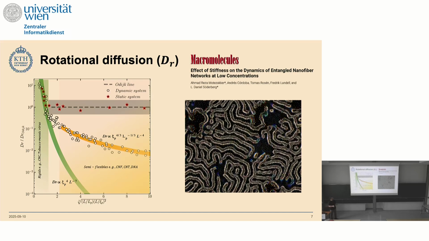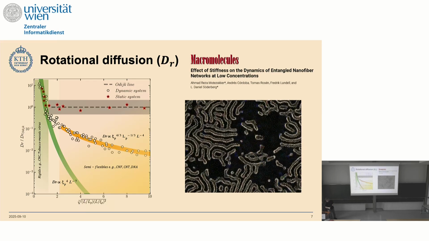The first work that we did was to have a crowded network of semi-flexible polymers. We were able to propose a scaling behavior for the rotational diffusion of the semi-flexible biopolymers, and also compare it with Doi-Edwards and Odijk theory.